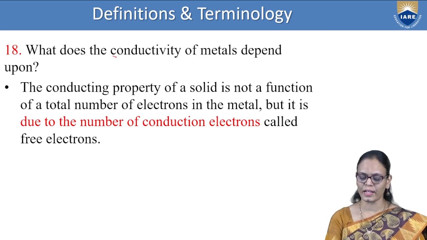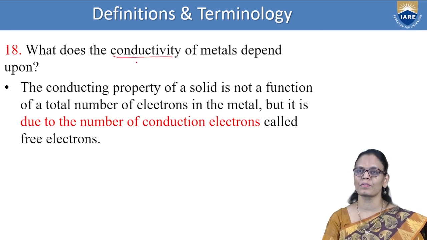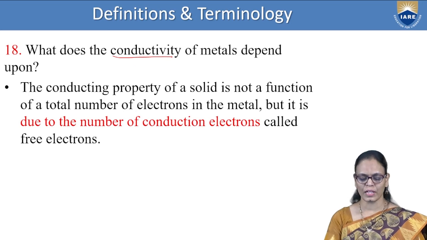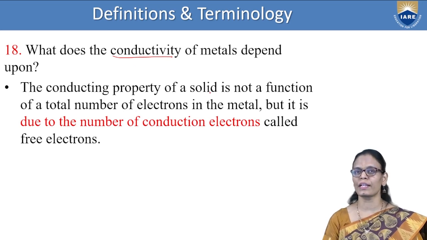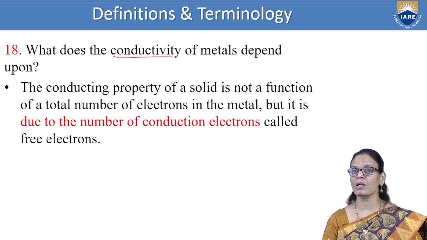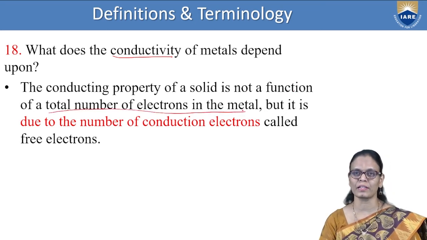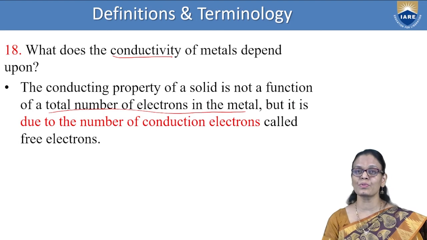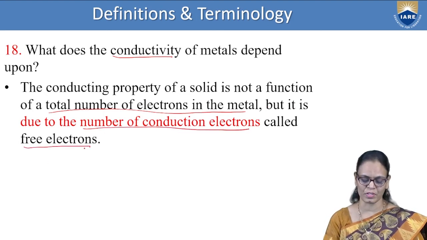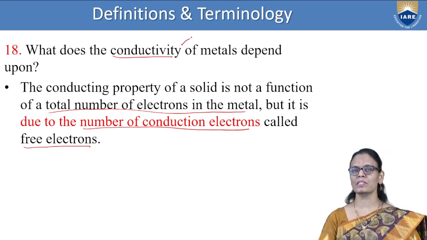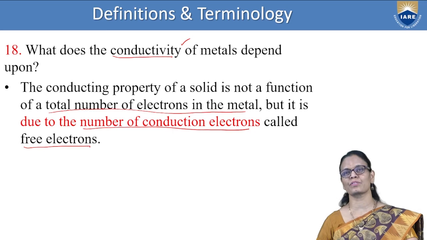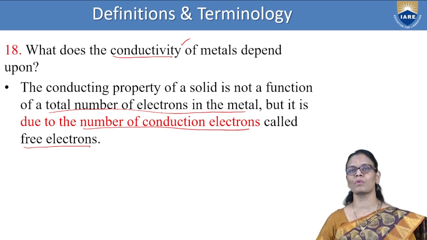Now, what does the conductivity of metals depend upon? The conducting property of a solid is not a function of the total number of electrons in the metal, but it is due to the number of conduction electrons, called free electrons. So when I talk about conductivity, I cannot say that if there are more electrons in a metal, it is more conducting.